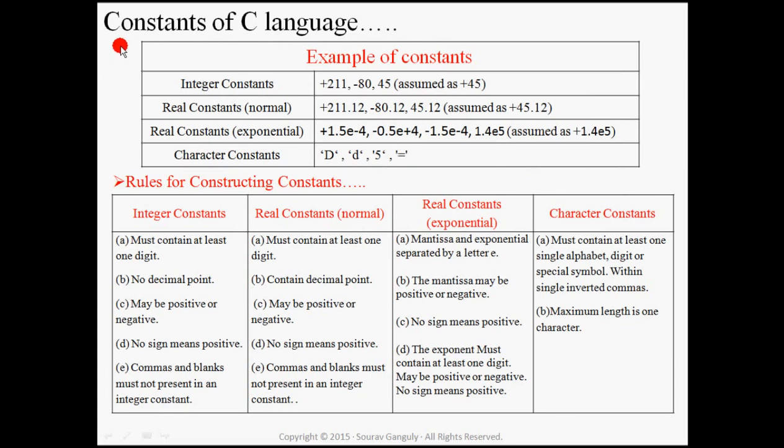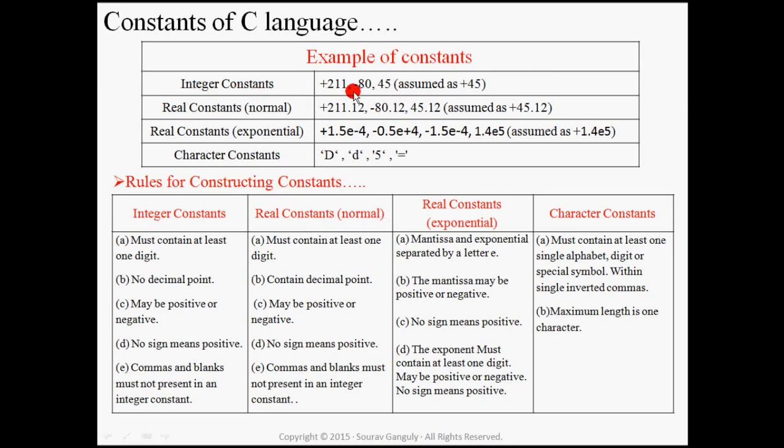Now come to the next point, what is a constant in C language. At first, look at this example. I think it is clear what a constant is. A constant means a value that is fixed and will not change throughout the program. It is called a constant.